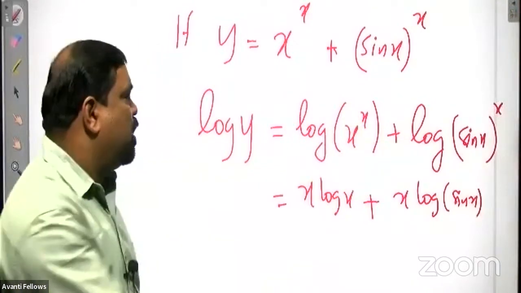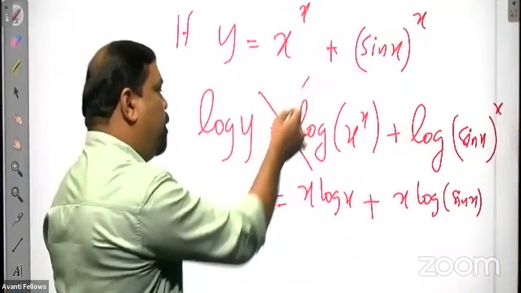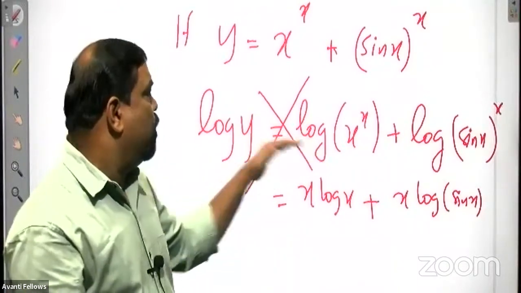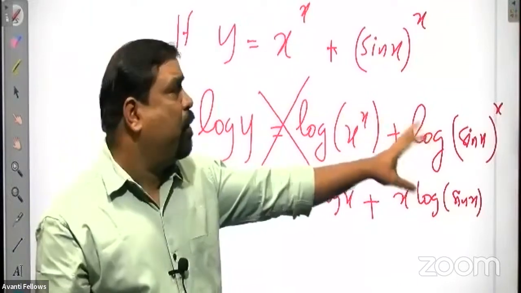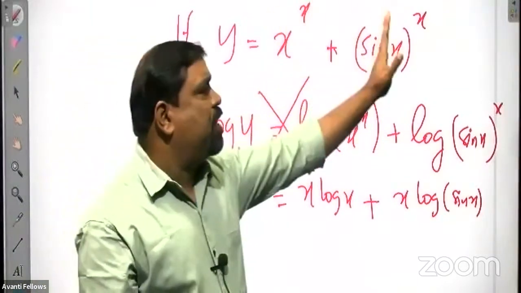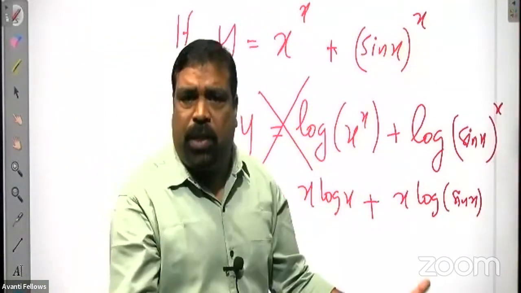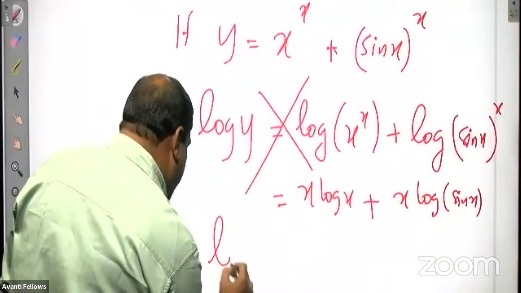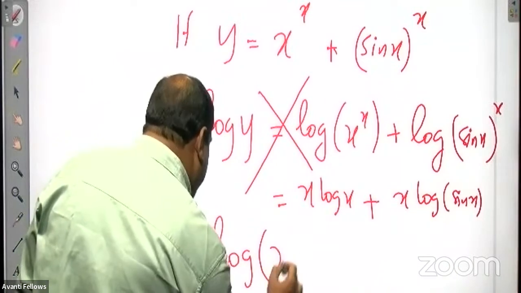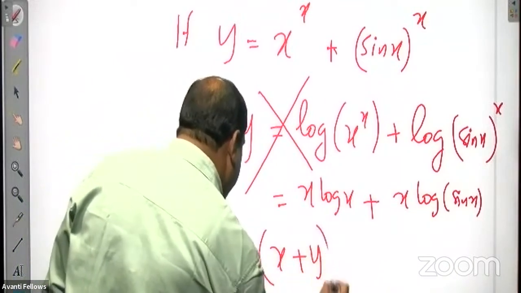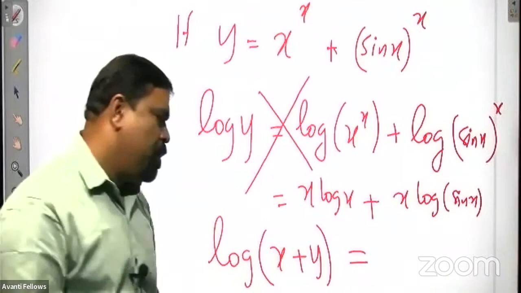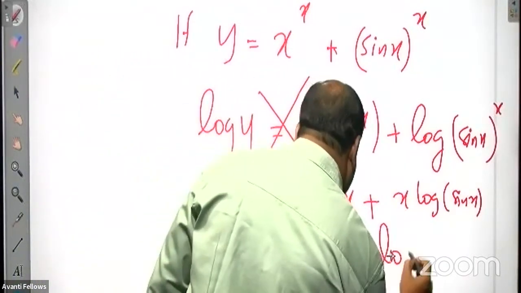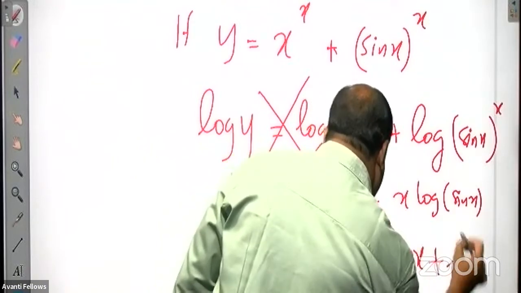What's the mistake? This cannot be applied here. We cannot apply logarithm here because this is a sum of two functions. There is no rule like that. There is no rule that log of x plus y is equal to log x plus log y.